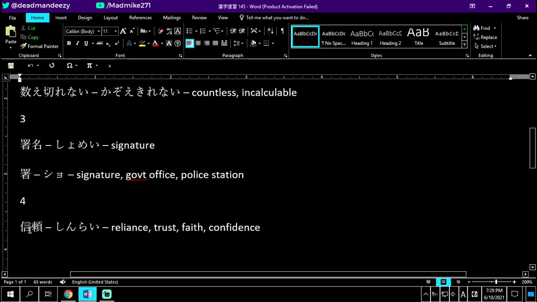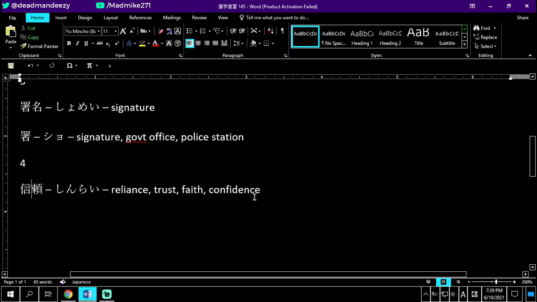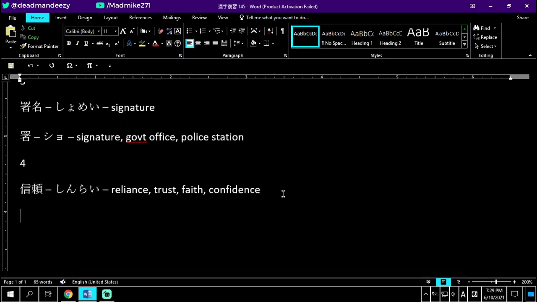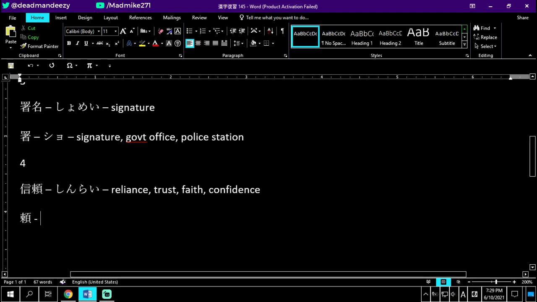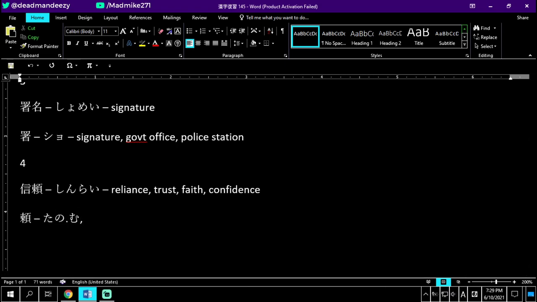On the left side we have shin, which is to believe in something. On the right side we have rai, made up of the radicals for a bundle and page. So a bundle of pages is kunyomi tano mu, okani tanomu.